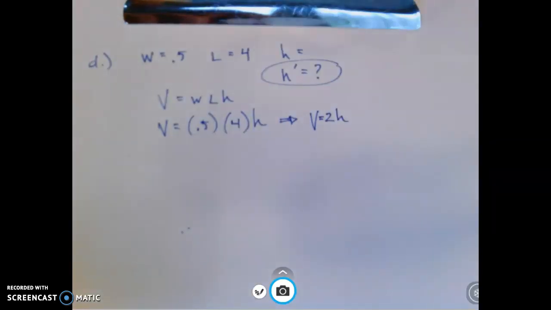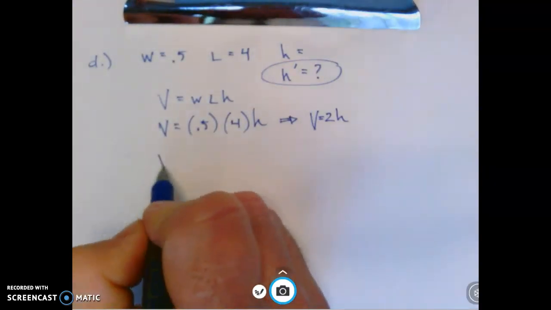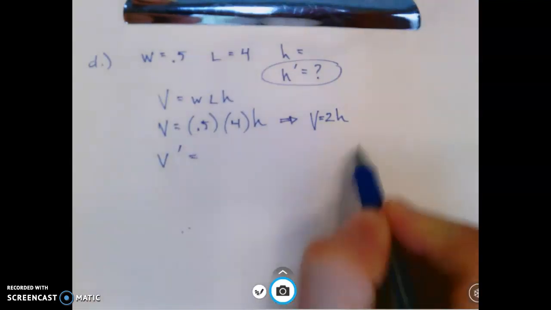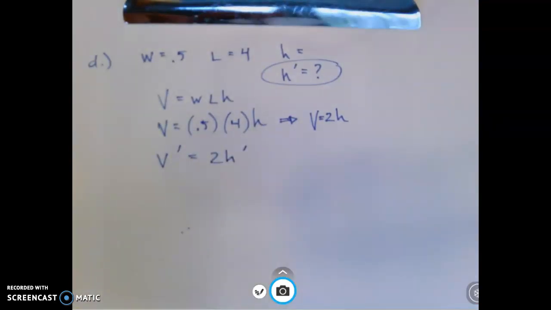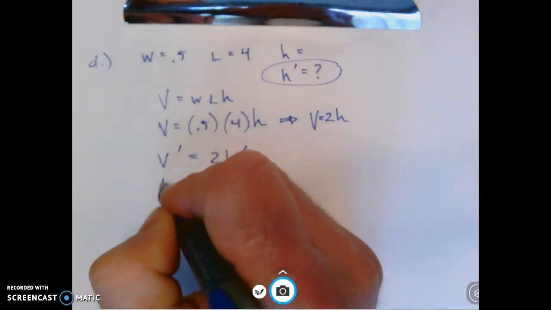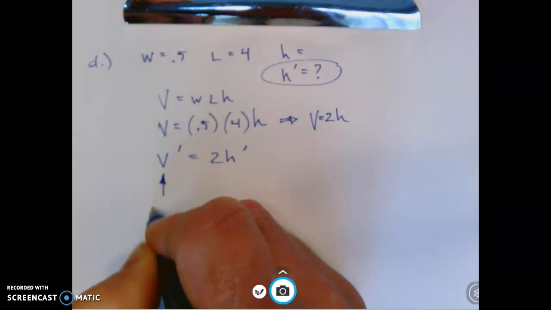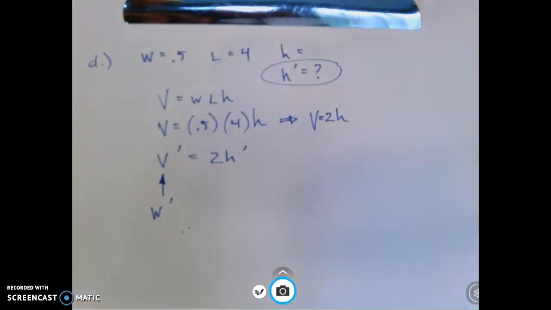All right? And the question is, what is the rate of change of the depth of the water at time t equals 6? So we find the derivative. V prime equals, in this case, 2H prime. We use implicit differentiation. Now, I used the notation V here for volume, but remember, this is our W prime.